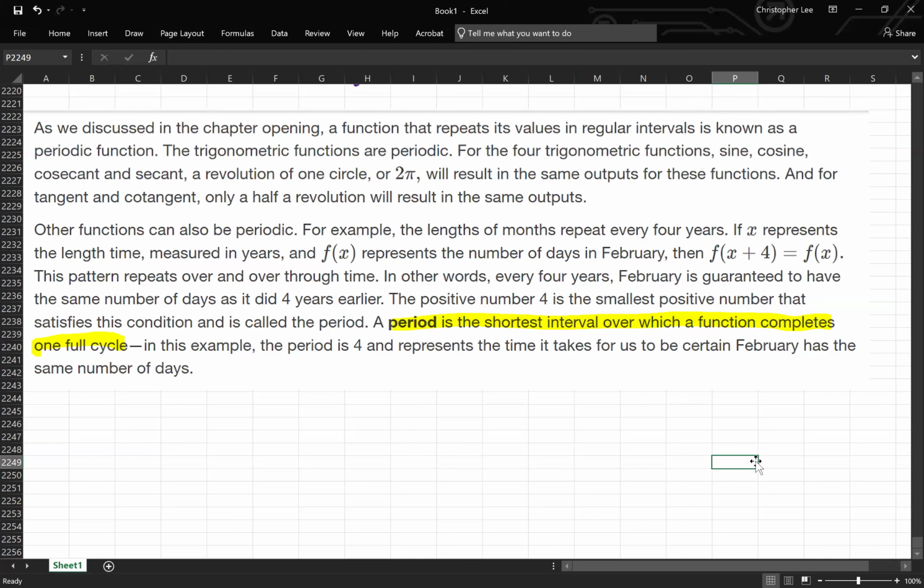So the positive number 4 is the smallest positive number that satisfies the condition and is called the period. A period is the shortest interval over which a function completes one full cycle. In this example, the period is 4 and represents the time it takes for us to be certain February has the same number of days.